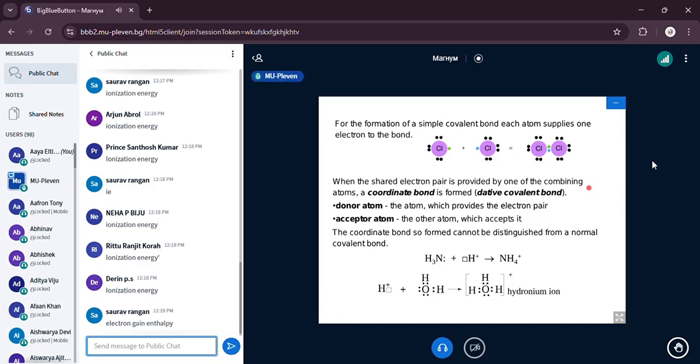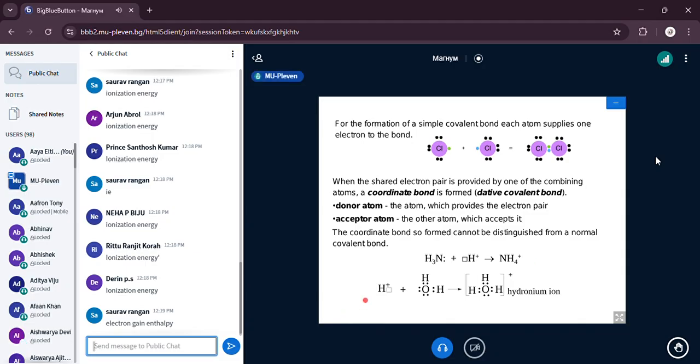Examples of such covalent bonding. Ammonia. Ammonia has a lone electron pair at the nitrogen atom. A proton has an empty atomic orbital, which can accommodate this electron pair. And as a result of such interaction, the ammonium cation is formed.